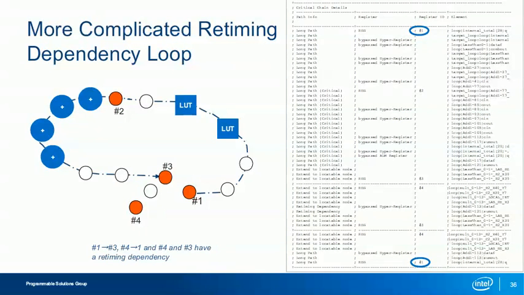The loop critical chain on this slide is an example of one that is slightly more complicated. It is a retiming dependency loop, which means the loop is not directly created by the RTL code, but is created through retiming dependencies. Again, we include a diagram on the left to help visualize.